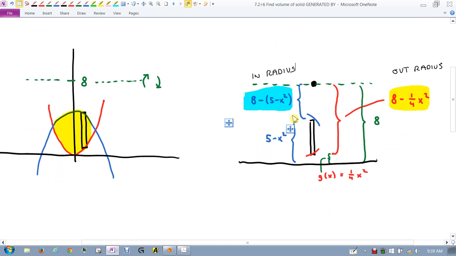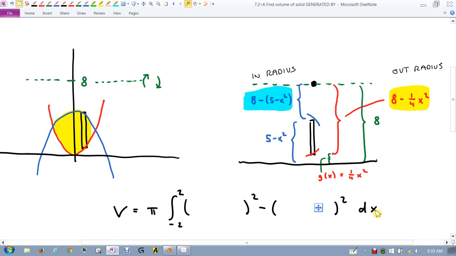Once I have those, and I have my limits of integration, I'm ready for the formula. So the volume of this will be pi integral, still negative 2 to 2, because we found that in the previous problem, and then outer radius squared minus inner radius squared dx.